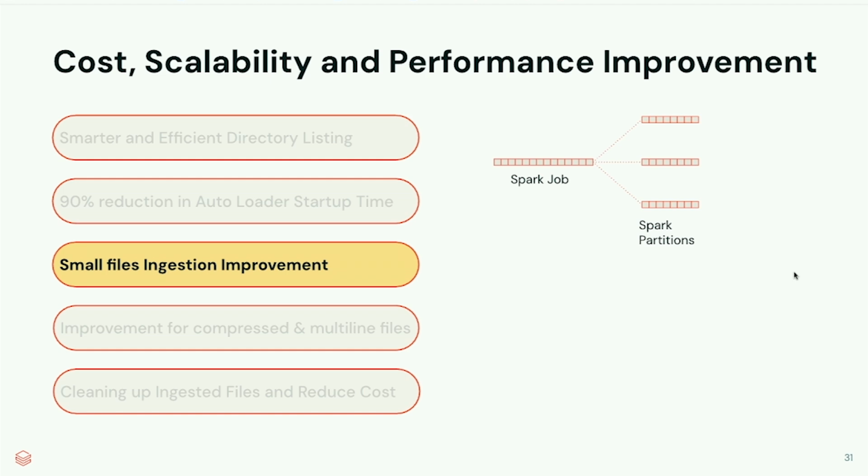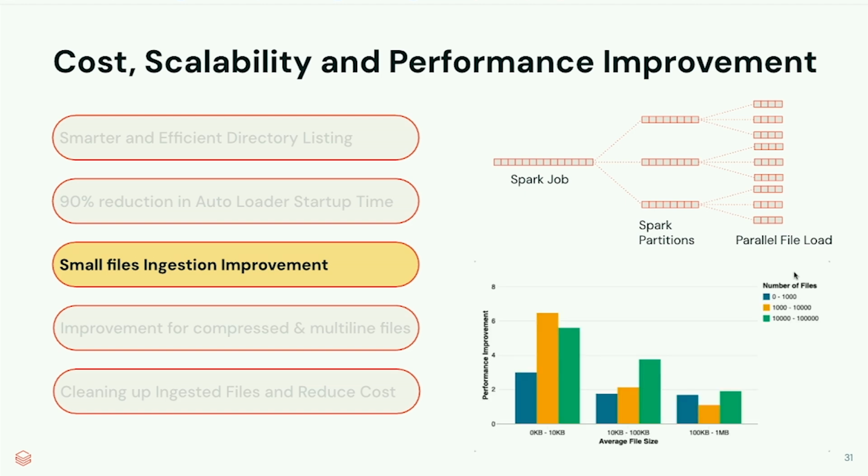So essentially, if you have 100 files to be ingested within a task, those 100 files used to be processed one after the other. What we did was, instead of processing them sequentially, we made them process in parallel. And that gave us a significant performance boost, to an extent of 2 times to 4 times, depending on how large the number of files you are ingesting.